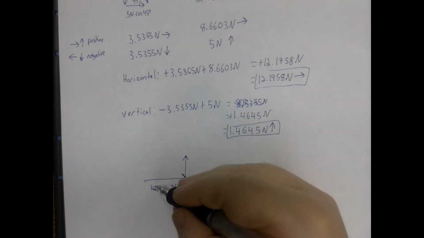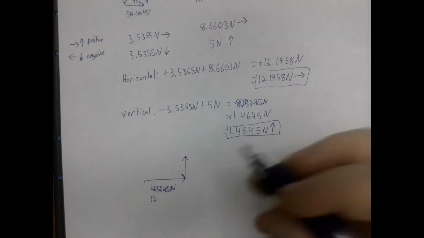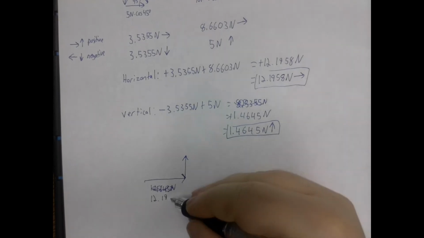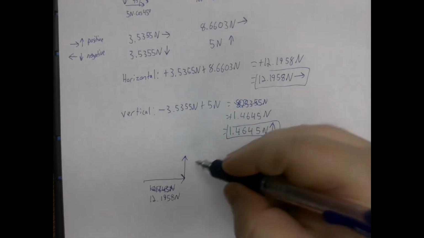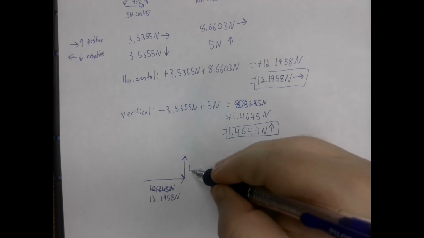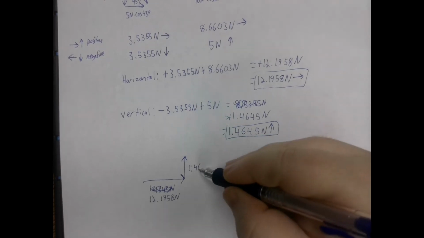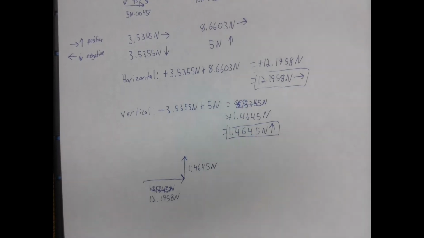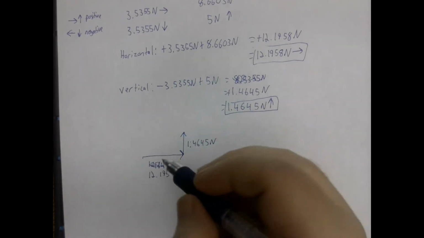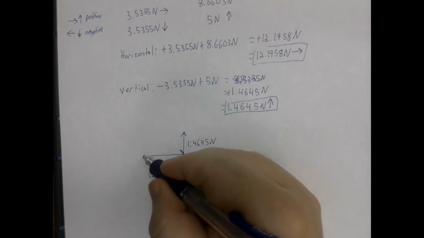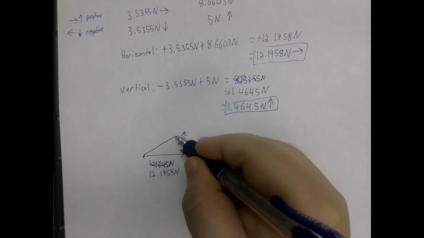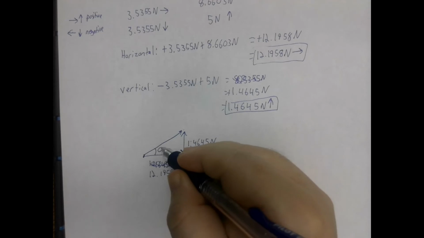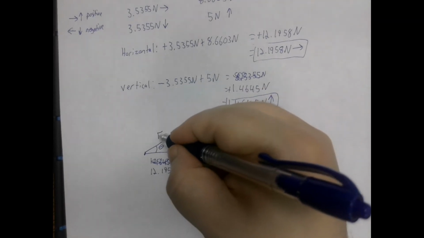The horizontal is 12.1958 newtons. The vertical is 1.4645 newtons. And to find the resulting vector, we can connect the tail here to the head here, which forms an angle. And here would be our magnitude.